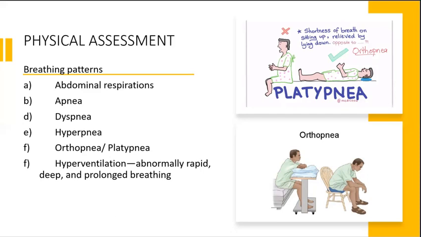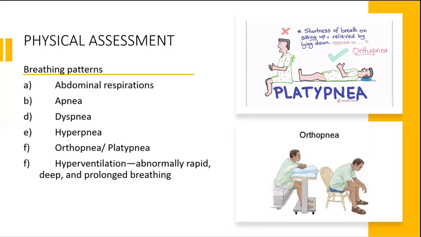So what happens with hyperventilation? It's going to produce respiratory alkalosis because there's a reduction in CO2, because you are exhaling more, so you are pushing out all of your CO2. So it's going to lead to respiratory alkalosis.